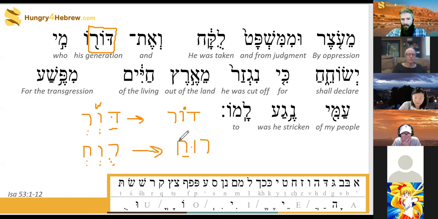So I don't think I can prove this, but I believe that Dor is a seglet of the A variety, an A class vowel seglet, and this one is a U class vowel seglet. But the Vavs and the Yods cause problems. Anyway, it's something to think about, and I guess I'm trailing away from what we should be discussing.